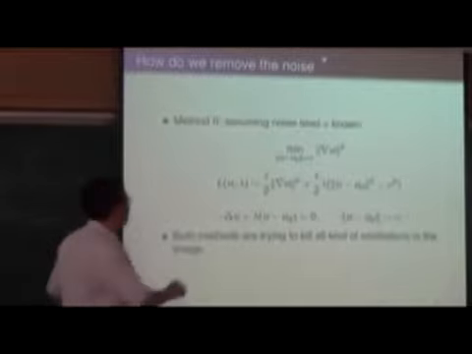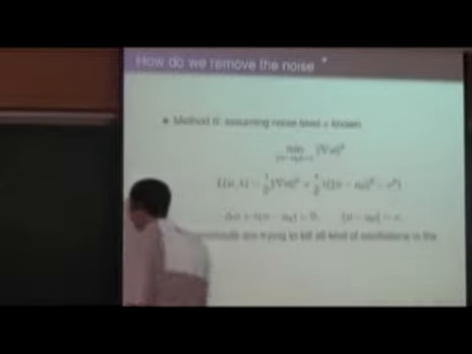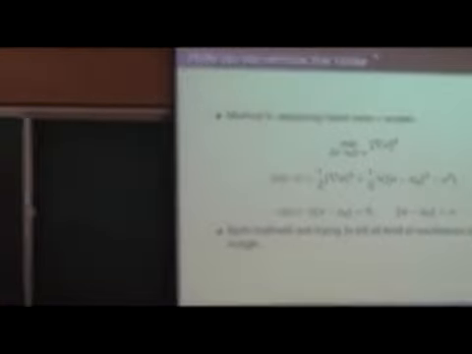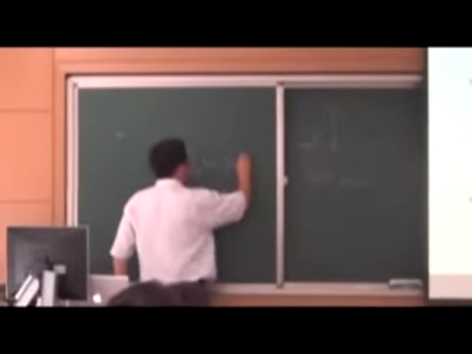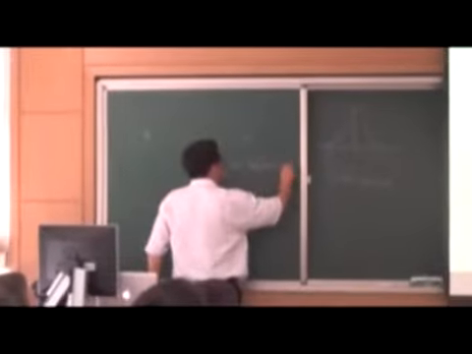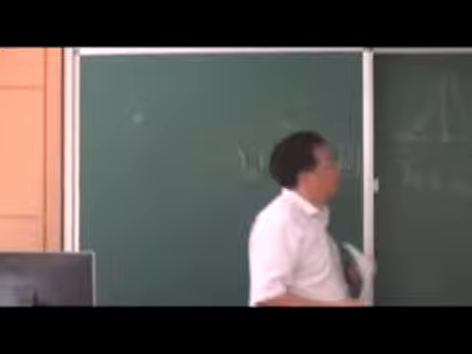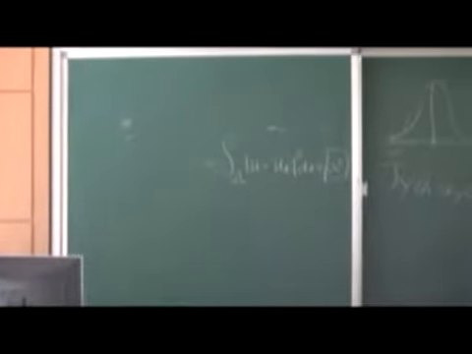If you know the noise level, here is the L2 norm: the integral of (u minus u_d) squared dx equals the noise level squared. So you want to remove the noise.